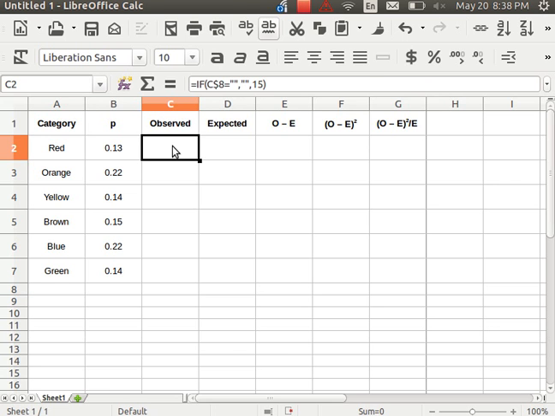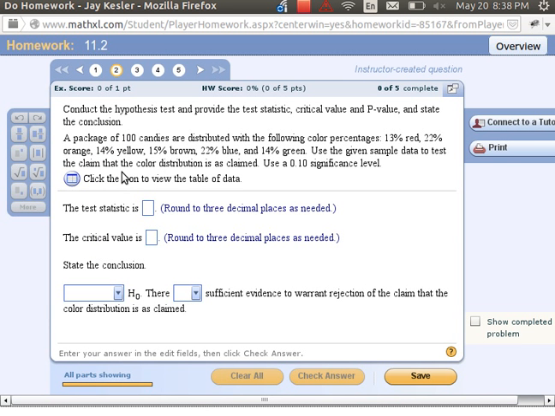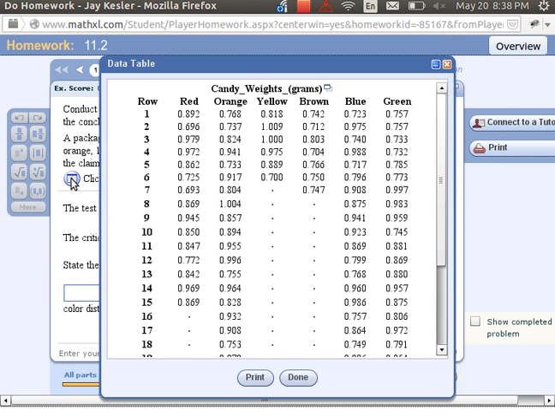What we need for the observed values is, based on our sample, how many of them were red, how many of them were orange, etc. So we get that from this table. Now there's some extra information here. We don't need the weights, but that's what the table is giving us. What we need is the number of reds. So in this case there were 15 reds.